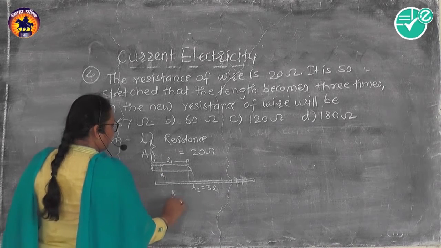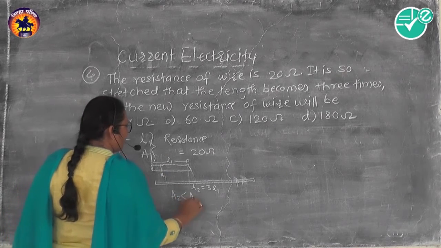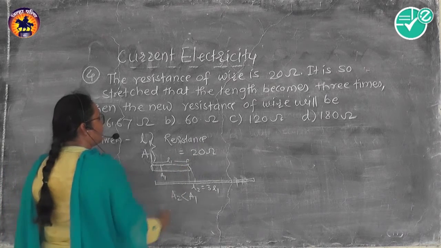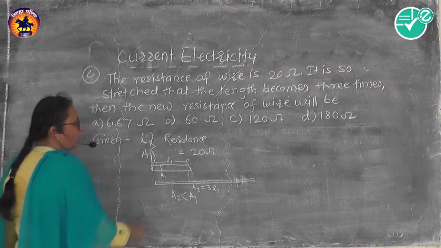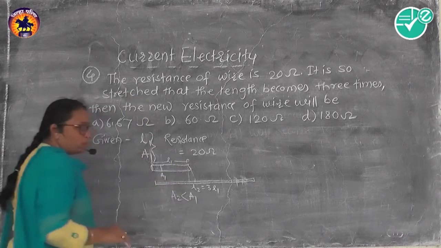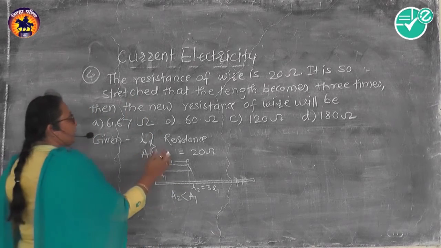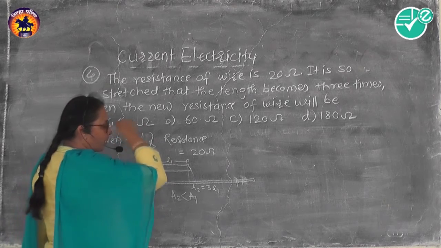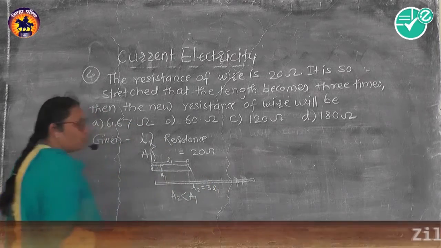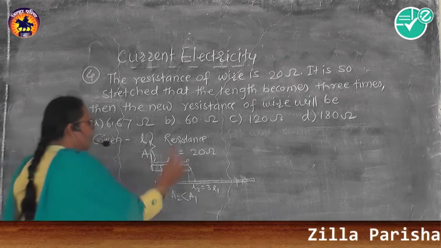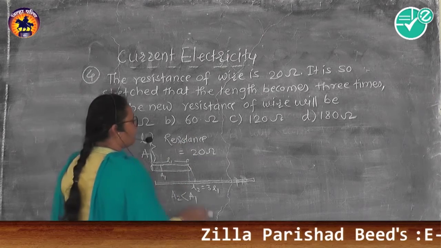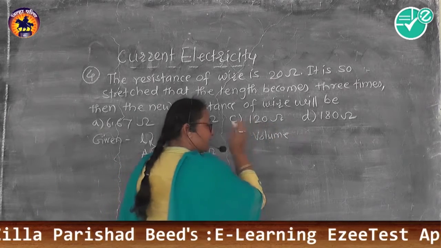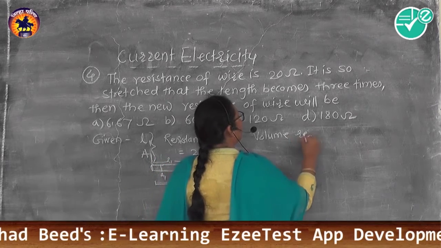Only we know that A2 is less than A1, but how much, that we don't know. So we cannot use relation like in the previous formula, but here we have to consider that initially length was L1, area was A1, resistance was 20 ohm, and when you stretch that wire, length increases, area decreases, that means diameter decreases, but volume of that same wire remains same.